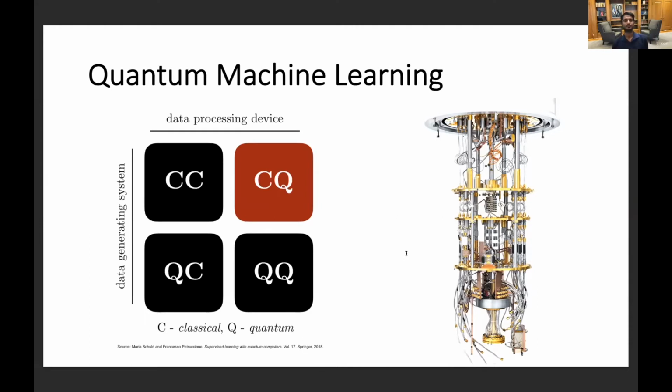Classical data, classical processing, CC, is already the field of classical machine learning. What we are trying to do at the moment is take classical data that we may generate from various domains, and learn from those data using some quantum algorithm. This is where we are, and that's what we would like to continue doing, at least for the foreseeable future. Okay.